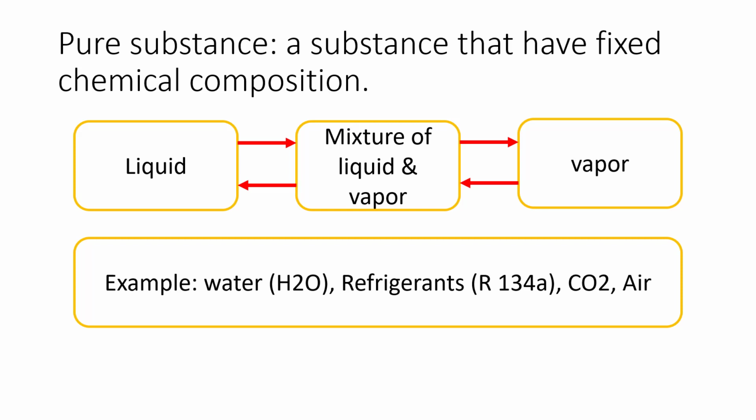For example, the chemical composition of water remains H2O in all phases, whether in liquid, mixture, or vapor phases. There are also other examples such as refrigerant R134A, CO2, and also air is considered as a pure substance.